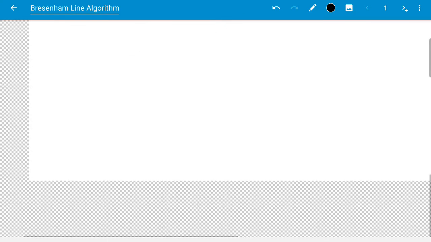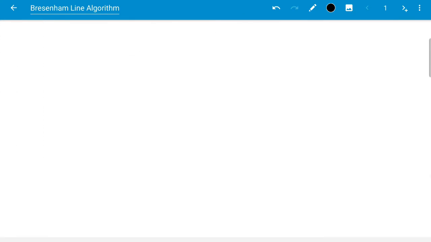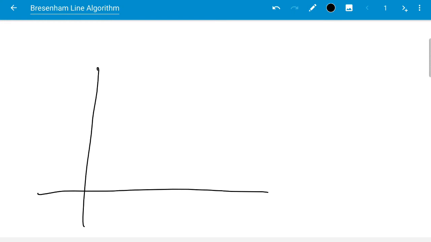Alright, how about a demonstration? Let's go through our logic. I'm going to draw a line between 2 points. So let me make a kind of coordinate system. And this coordinate system, I'm going to make it pixel centered. So 0, 0 is going to start off right in the center of our math coordinates there.